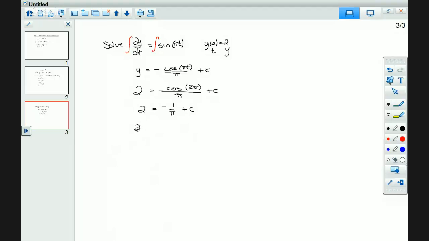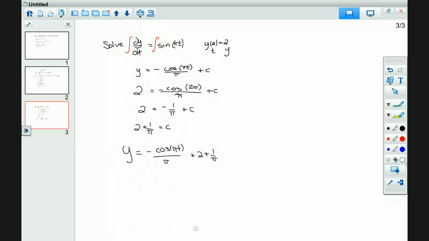Add that over. So there you go. Don't worry about decimals or anything. All you can do is screw it up. You might, but they have the answer there, so it'll be pretty obvious. So y equals negative cosine pi t over pi plus 2 plus 1 over pi.